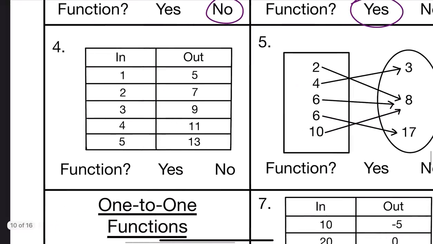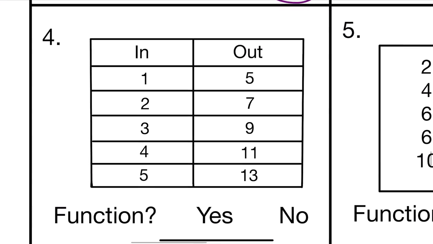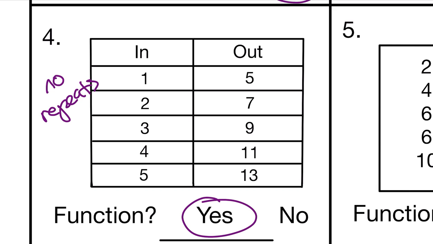Let's take a look at the next one, number 4. We got our ins and outs in a table again. So we're looking for repeats in our inputs. We got 1, 2, 3, 4, 5. None of those repeats. No repeats. So this is a function.